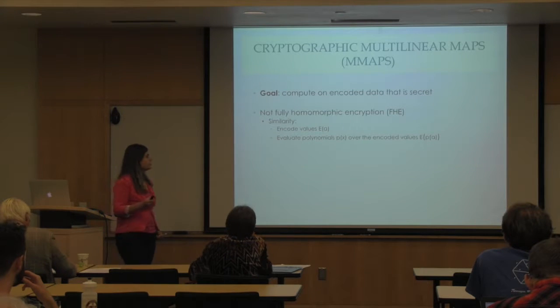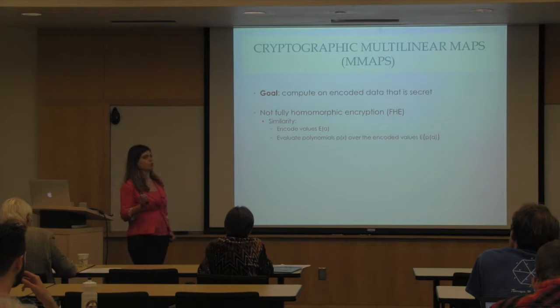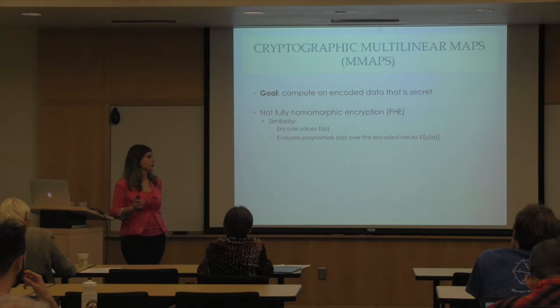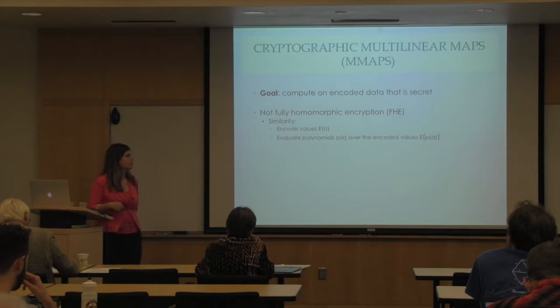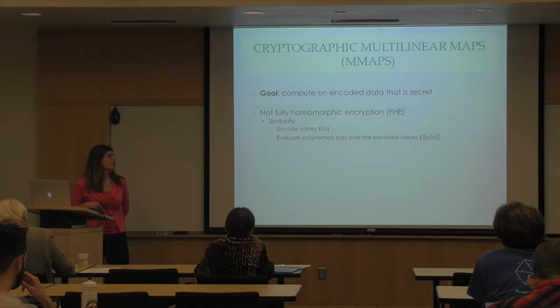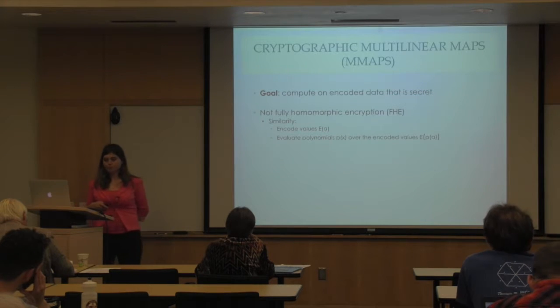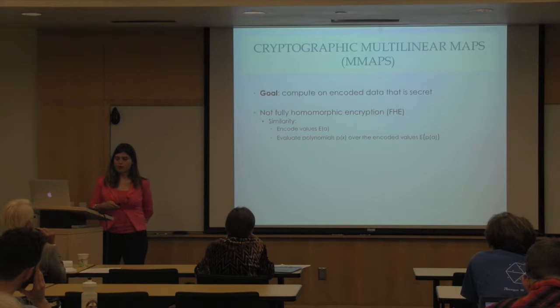The similarity between the two is that in both cases we want to be able to encode values, and then once we have these encoded values, we want to be able to evaluate different polynomials on these encoded values, and the result that we want to get is an encoding of the polynomial evaluated at the initial values. So this is the similarity between the two.